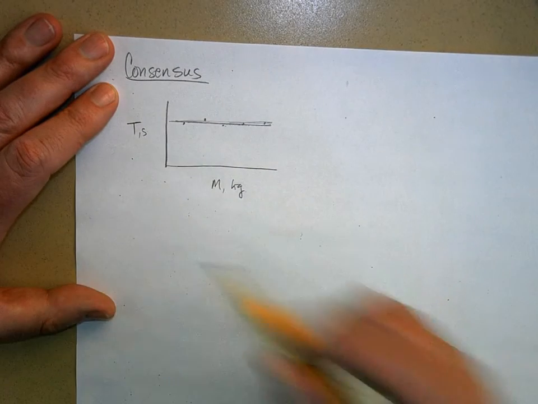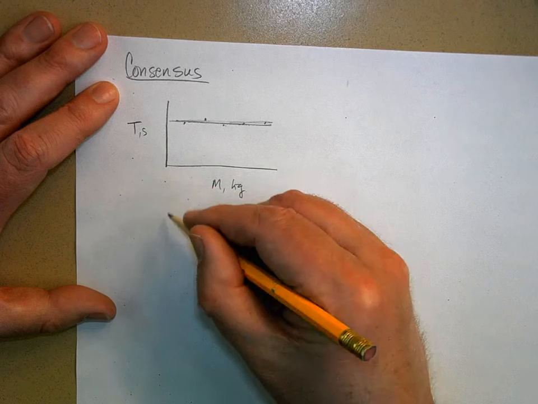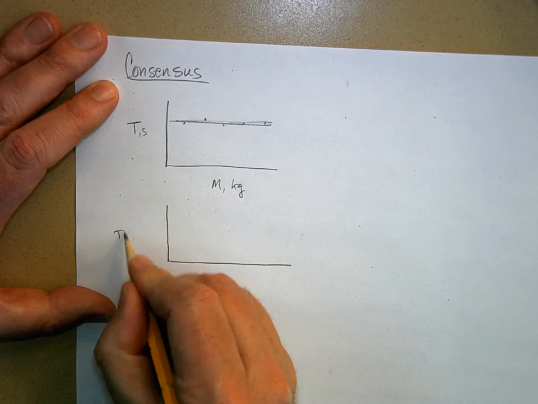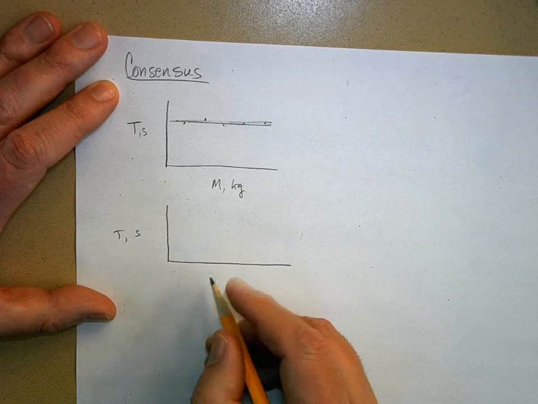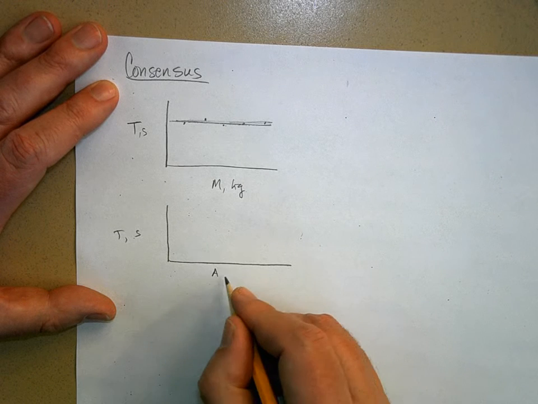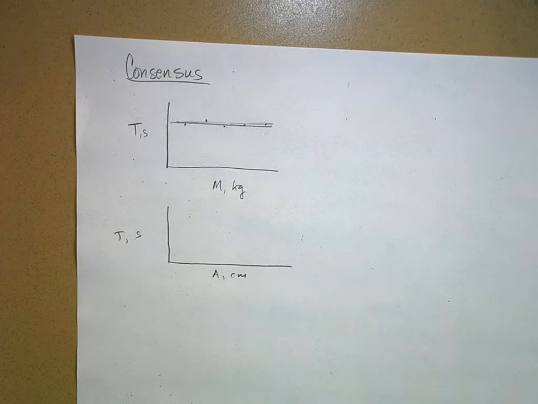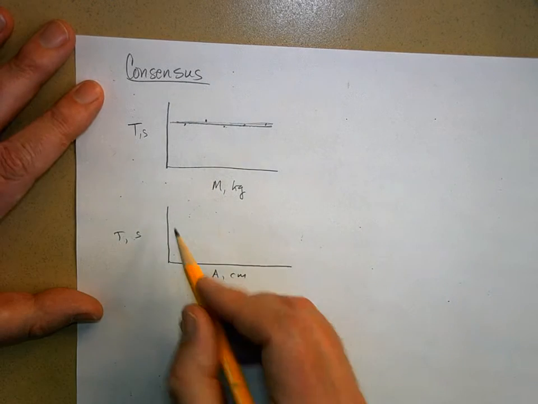Then group 7, 8, and 9, the period in seconds, and then you had different amplitudes in, I don't know, centimeters. Whatever, if you use meters, that's fine. And what you should have seen is it's just like this.